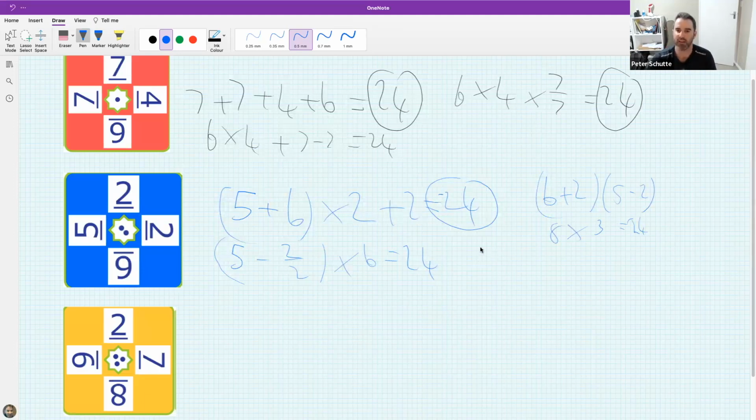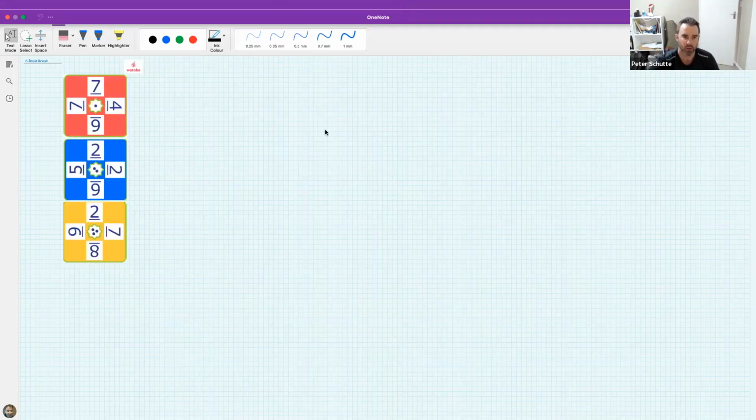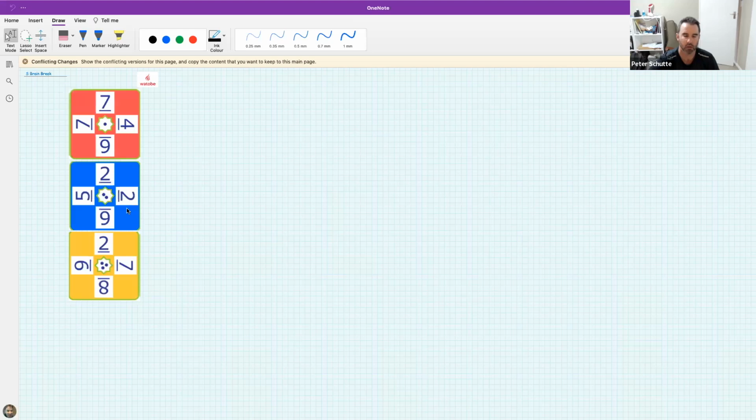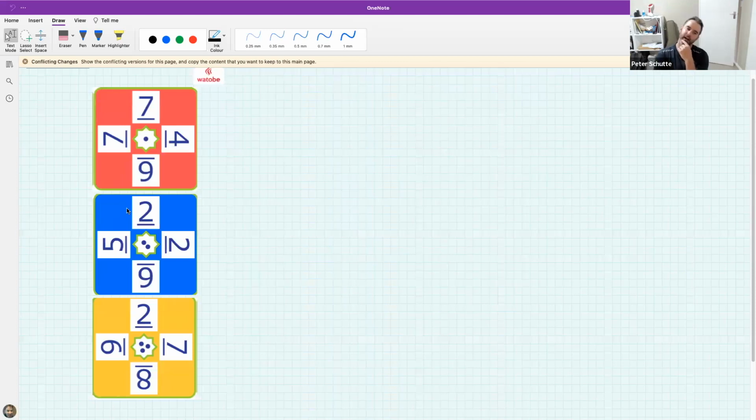Okay, what about the yellow? Can we finish off the puzzles for today? Who can solve the yellow puzzle to get to 24? Oh, what happened there? Nine, 7, 8, and 2. So what is Kitsor? Kitsor has made the suggestion.